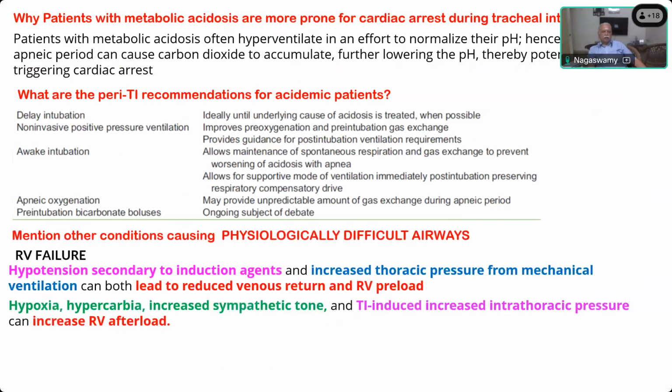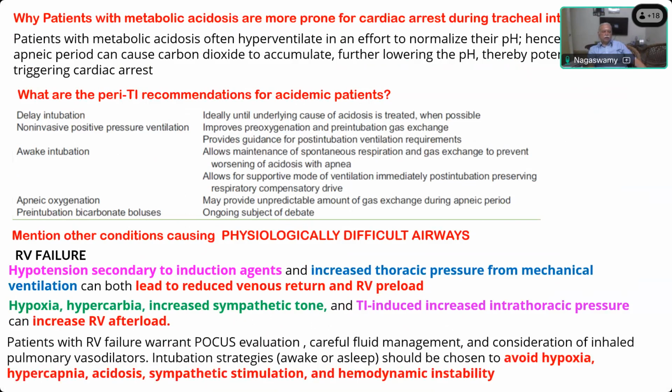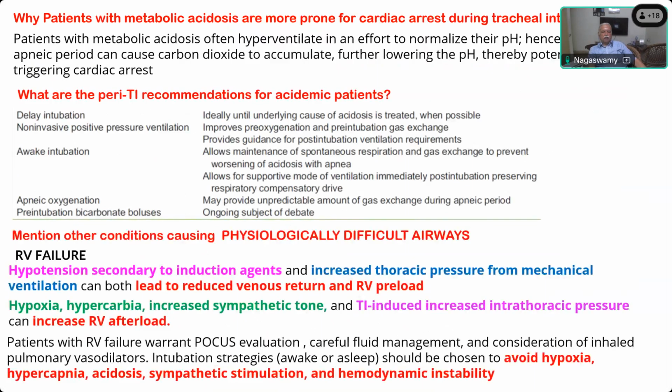Hypoxia, hypercarbia, increased sympathetic tone, and positive-pressure-induced increased intrathoracic pressure can lead to increased RV afterload. So it can affect both the preload as well as afterload. Patients with right ventricular failure warrant focused evaluation, careful fluid management, and consideration of inhaled pulmonary vasodilators.